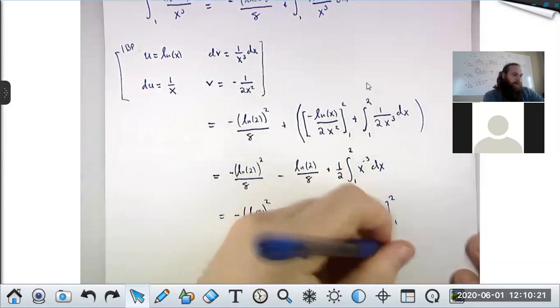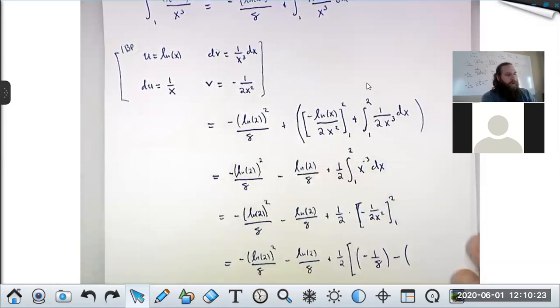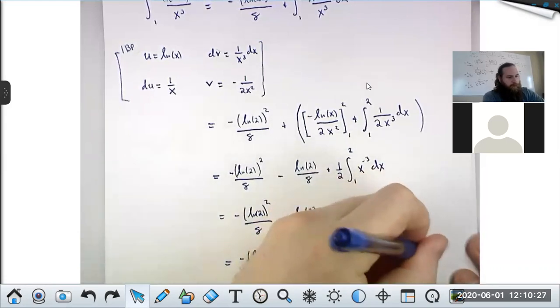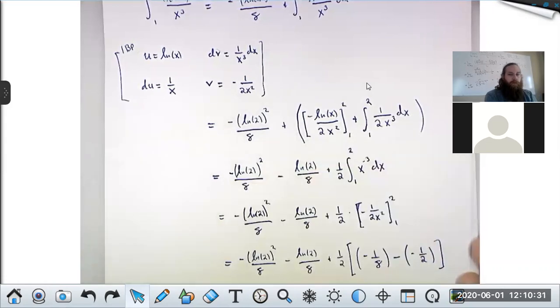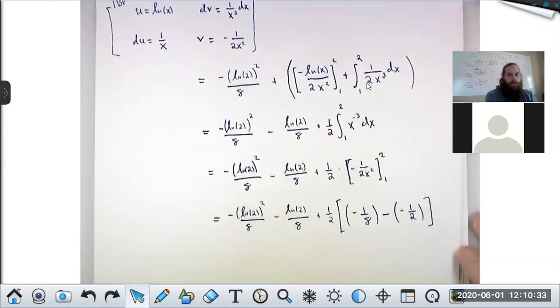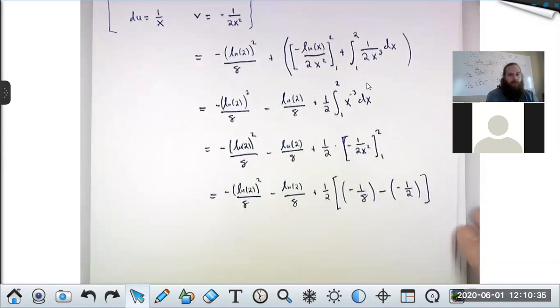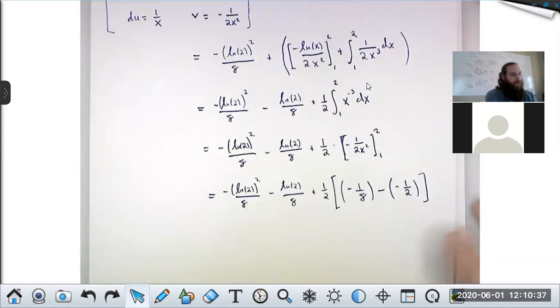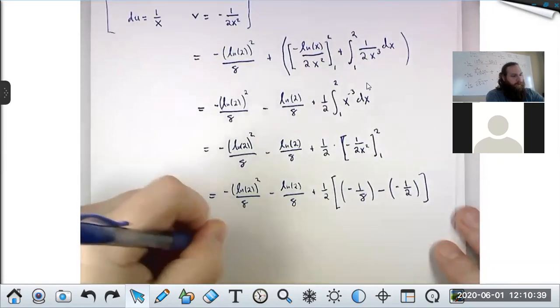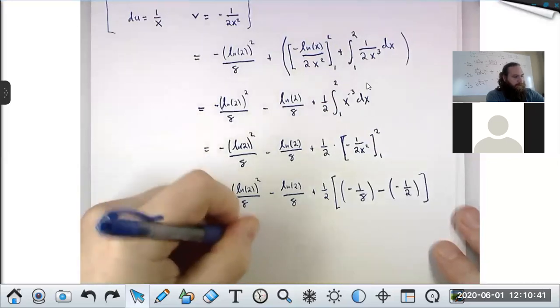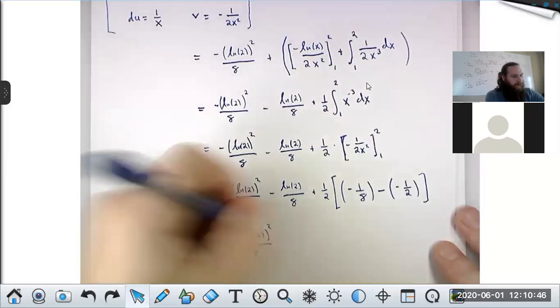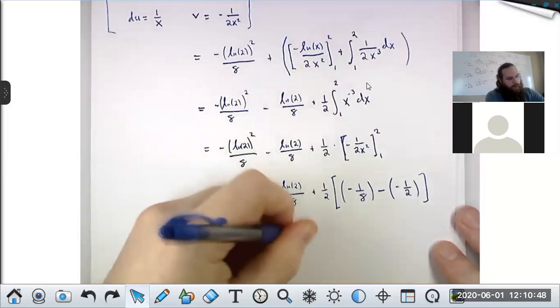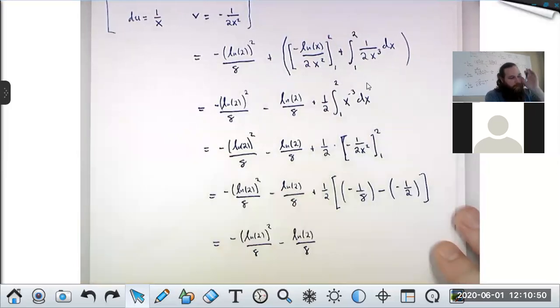And then from that, I'm going to subtract what I get when I plug in 1, which is negative 1/2. Finally, that's negative ln2 all squared over 8 minus ln2 over 8.